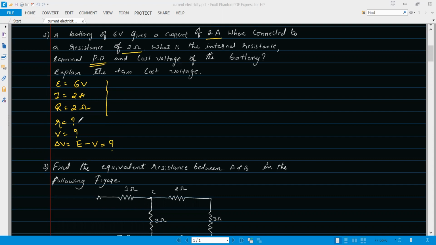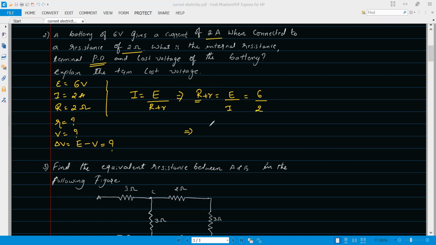So first we'll calculate the internal resistance. We have the formula I is equal to E divided by R plus r. Therefore R plus r is equal to E divided by I. This can be written as E is 6 volt divided by I is 2 ampere.